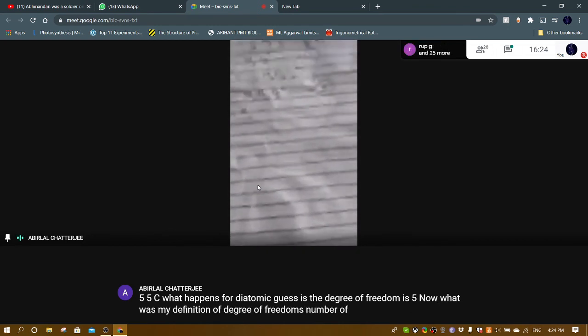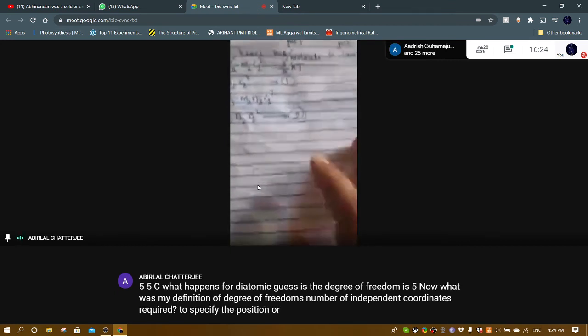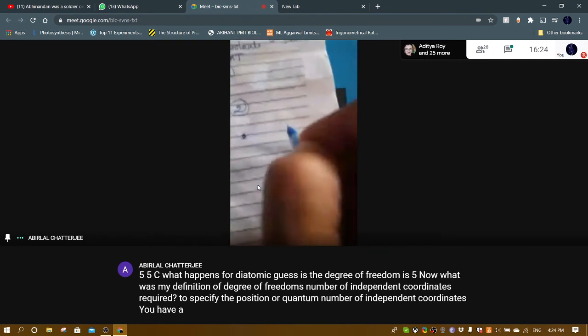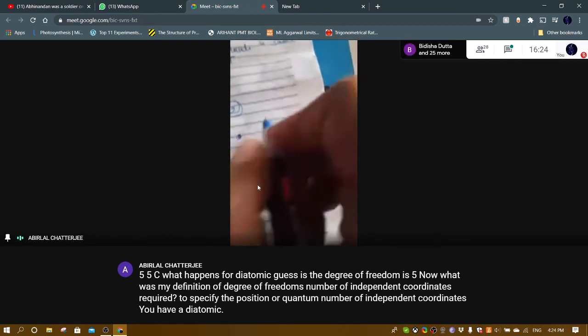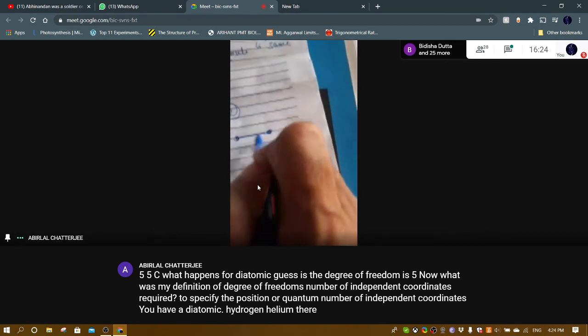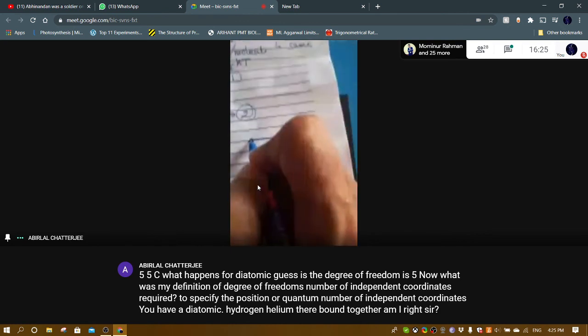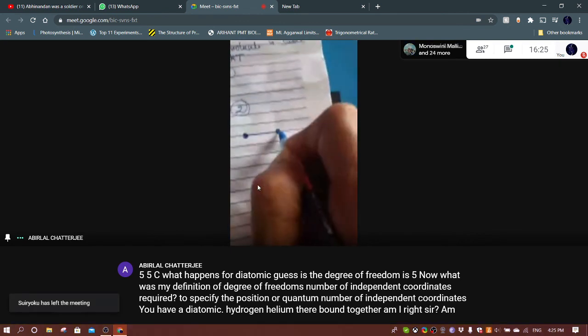Number of independent coordinates required to specify the position or configuration. You have a diatomic molecule, like hydrogen.